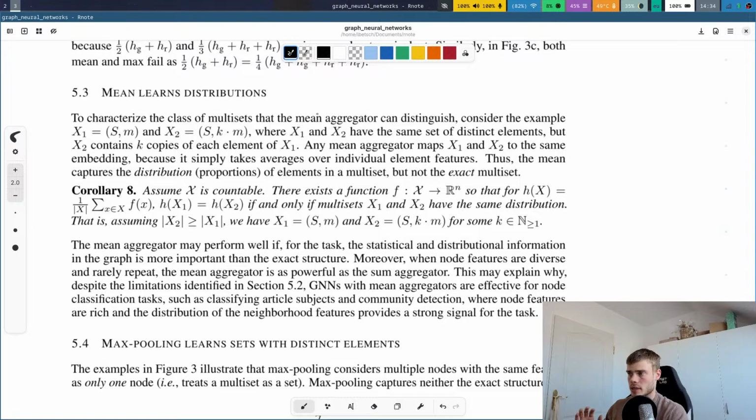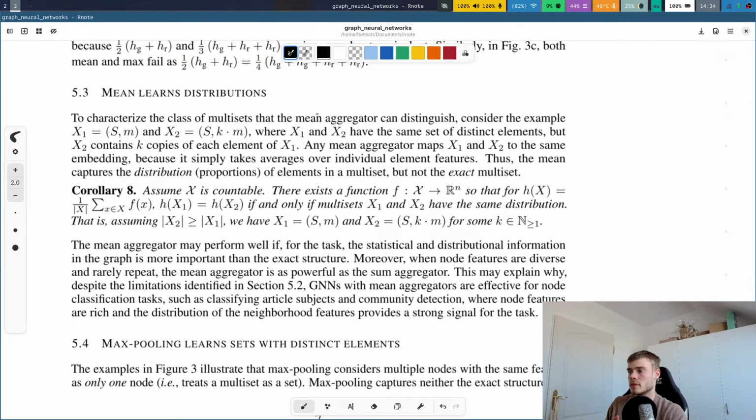To characterize the class of multisets that the mean aggregator can distinguish, consider the example x1 is equal to s and m, x2 is equal to s and k times m, where x1 and x2 have the same set of distinct elements, but x2 contains k copies of each element of x1. Any mean aggregator maps x1 and x2 to the same embedding because it simply takes the average over individual element features.